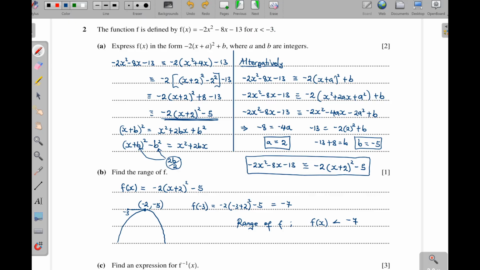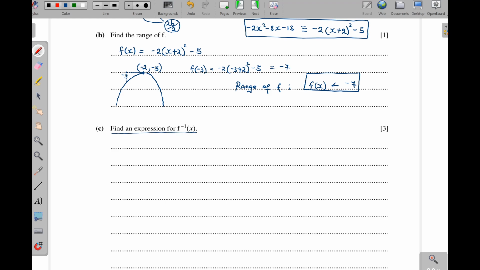So meaning -3 is not inclusive. But if it were x less than or equal, then I would also put here or equal. I've just used this value then to get the value of y that corresponds to that value. You see that? Okay, so our range is therefore f of x, which is less than -7.